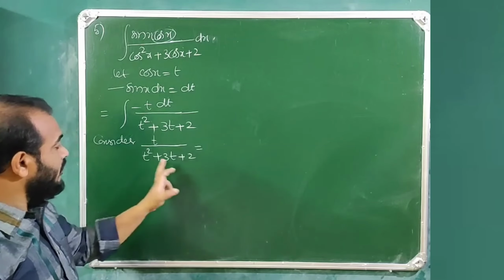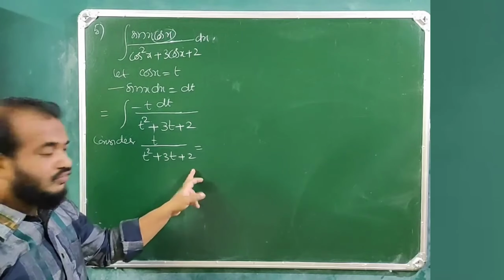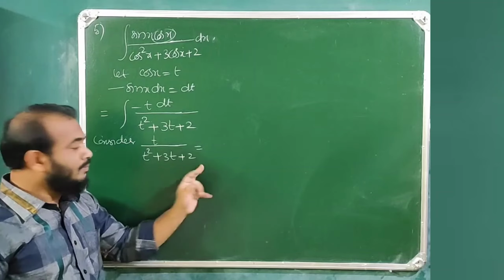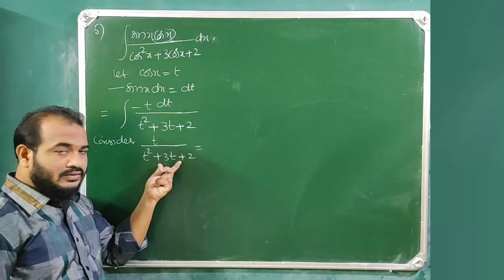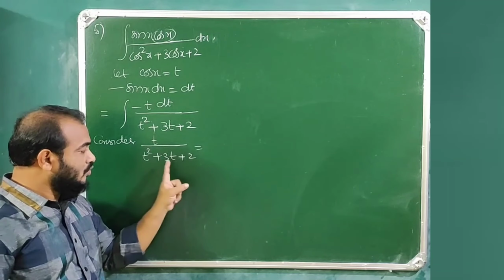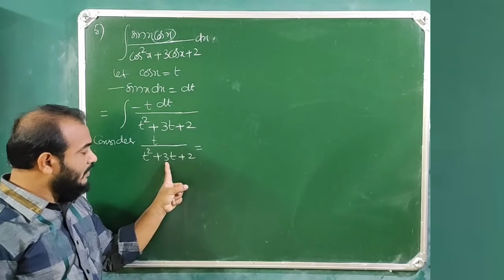So t square plus 3t plus 2, its factors are t plus 1 into t plus 2. T square coefficient is 1, constant is 2. So factorization, completion of the square method, splitting of the middle term method. So 1 into 2 is 2, 2 into 1 is 2. So 2t plus 1t. So t square plus 1t plus 2t plus 2.